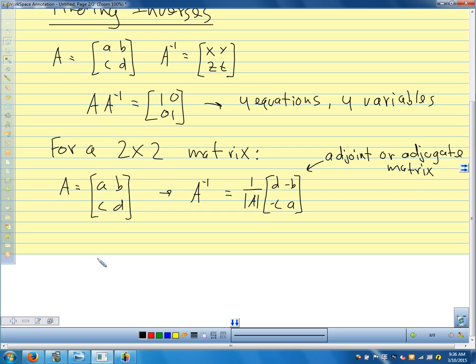If the determinant is 0, the matrix does not have an inverse. So that's how we can tell whether or not we can find an inverse. If the determinant is 0, our matrix does not have an inverse.